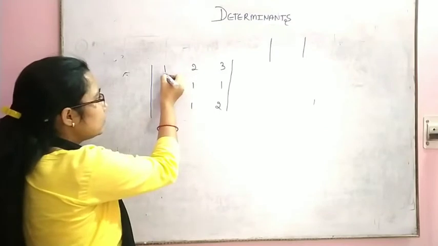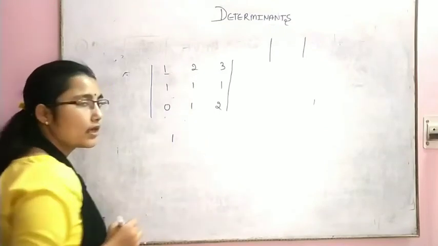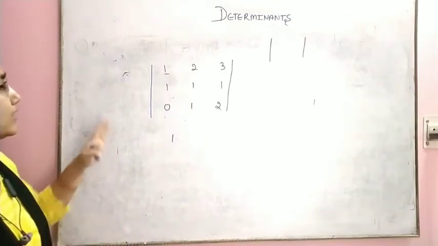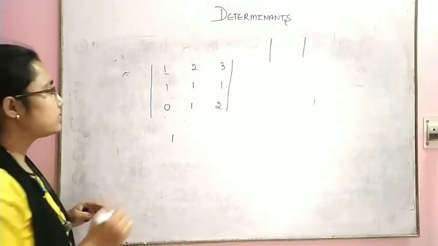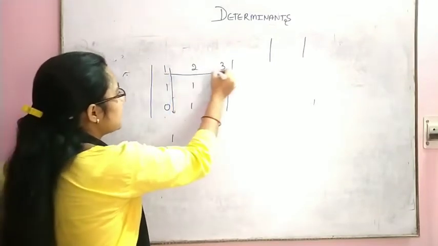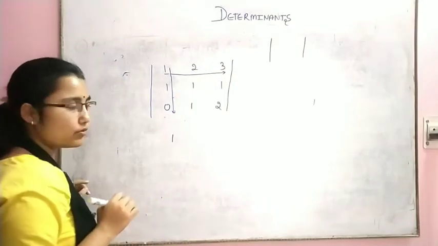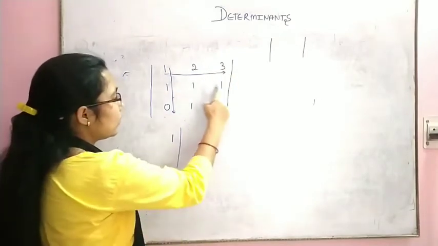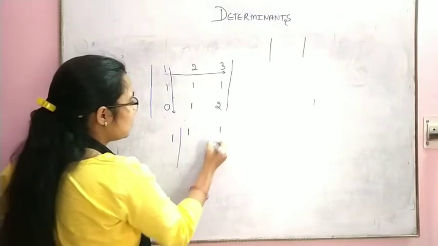So firstly write down the first element and then its respective row and column will be cancelled out. So the remaining elements are 1, 1, 1, 2. So note down the elements.